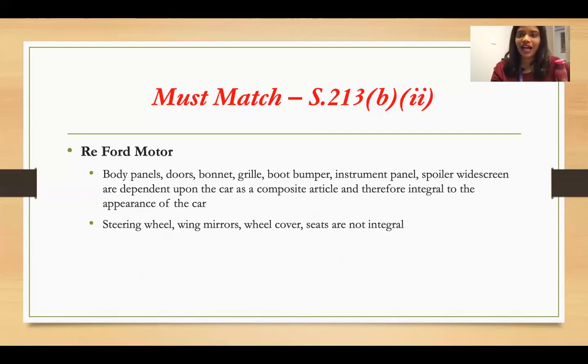If you see the second point in Re-Ford Motor, steering wheel, wing mirror and wheel cover are not considered to be an integral part. Why? This is purely because they are a subsidiary part of the car. If I come up with the creation of the car, I can always change the steering wheel, and when I change it, it doesn't have much of an effect on the appearance of the car. The car would still be the same.